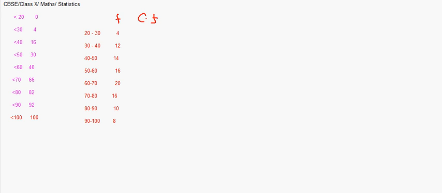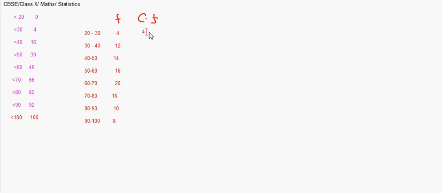If I write it again, it will help us, because we will be observing the median class and then looking for the lower limit and the cumulative frequency preceding the median class as well. So better I write it down here.